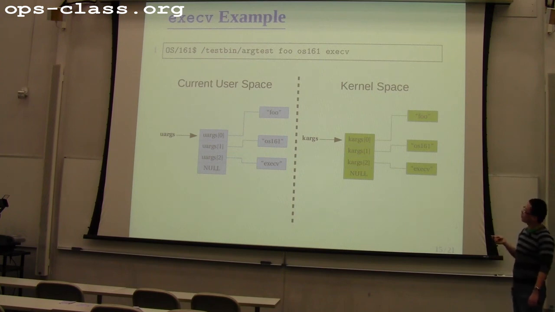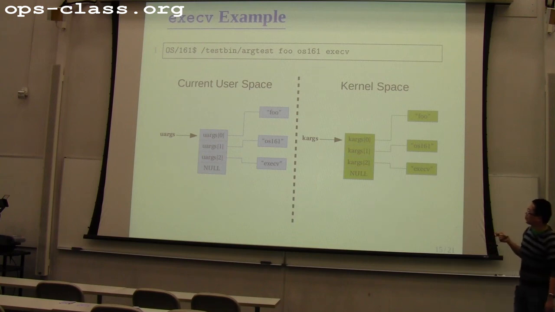The thing to note here is that these are the three actual arguments, and this array is just a way to organize them. You actually need to copy this array into kernel memory too, because the array itself may be an illegal or malformed user address.